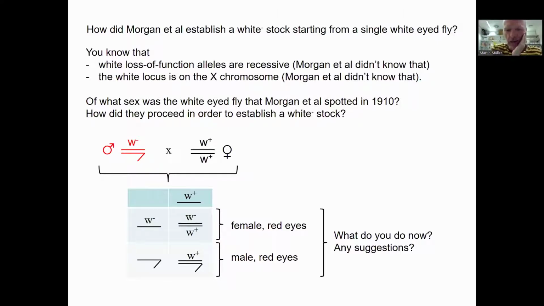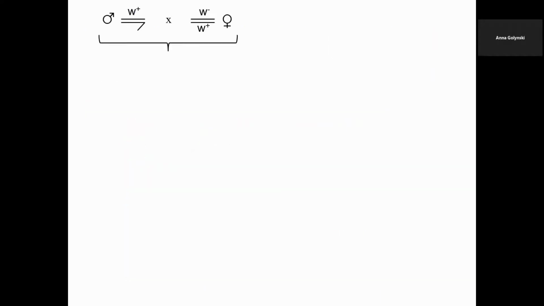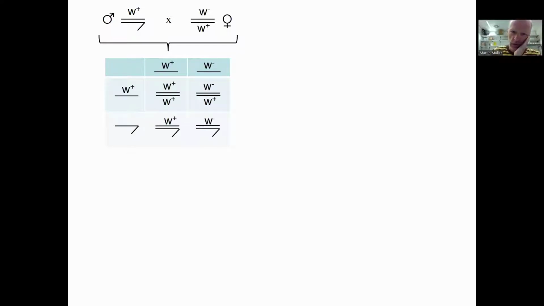So question is, what do you do now? Anybody has an idea? You could just recross the males and females from this generation. So if we do that, we just take whatever flies we get out of the first cross and cross them with each other. In the Punnett square, this is what shows up here.